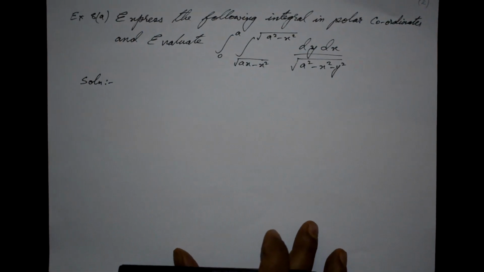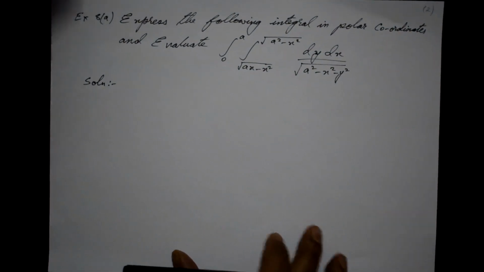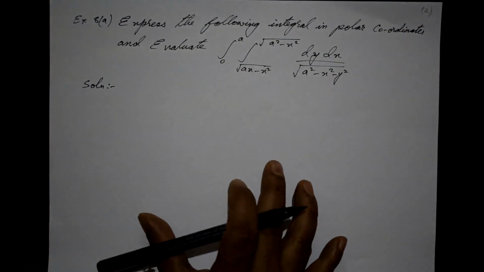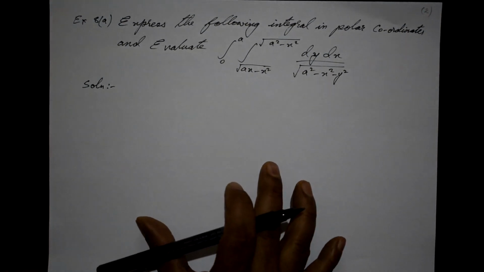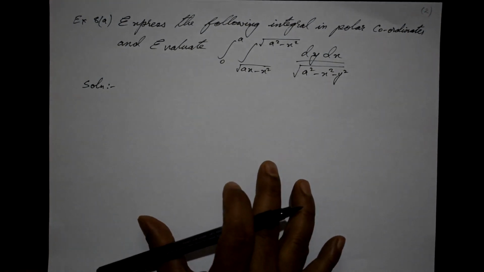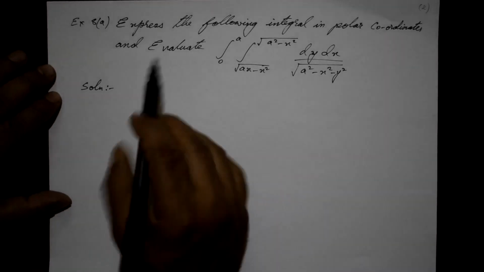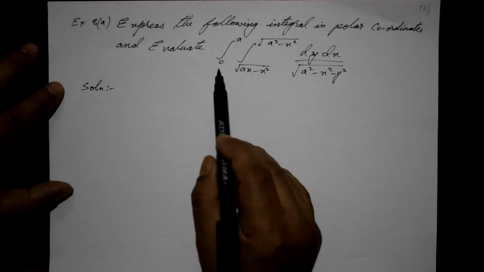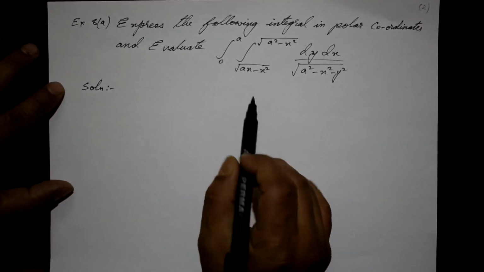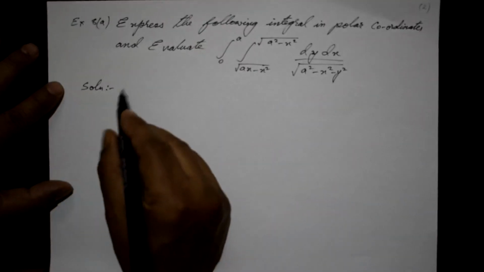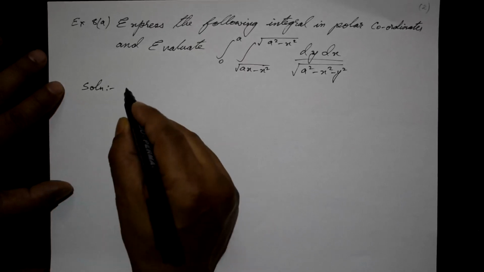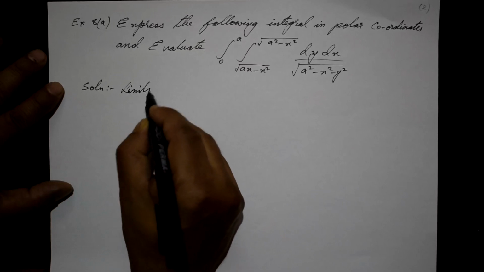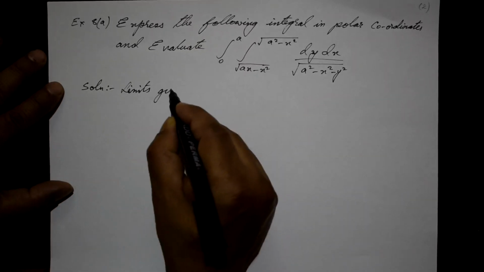Now let us take up another problem, that is, express the following integral in polar coordinates and evaluate. The integral is from 0 to a, and root of ax minus x square, of x square plus y square dx dy.